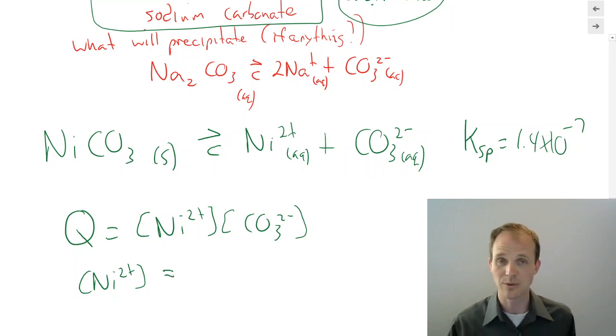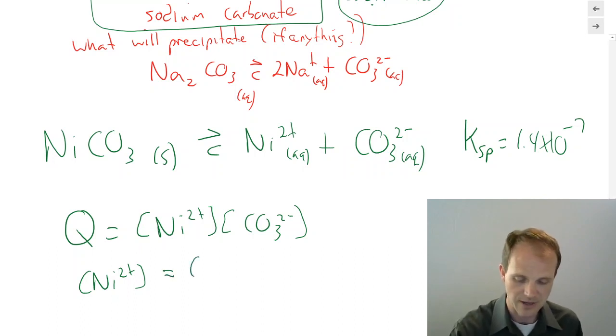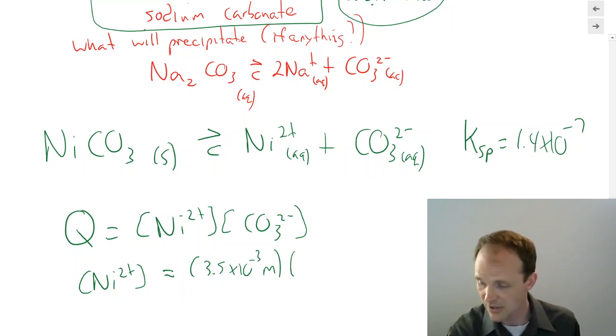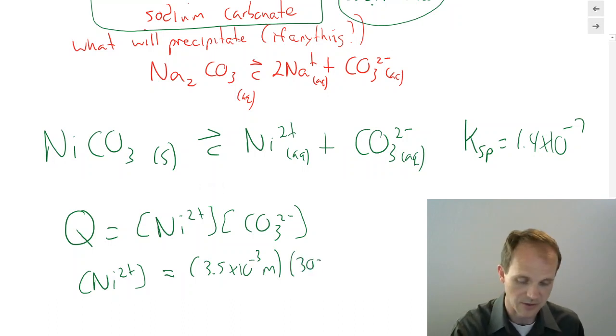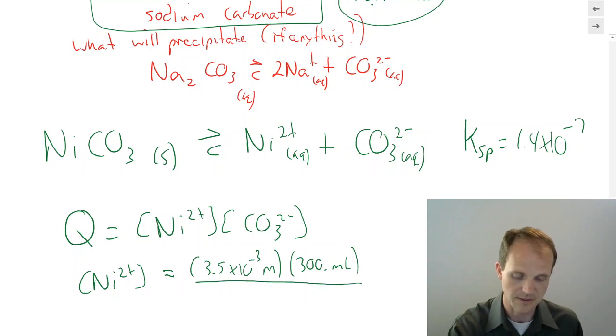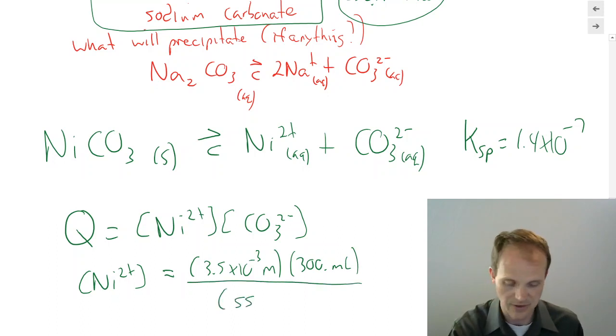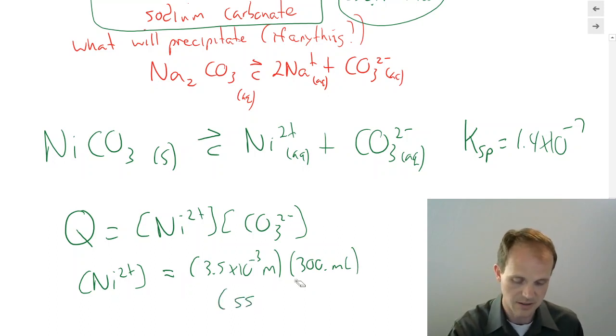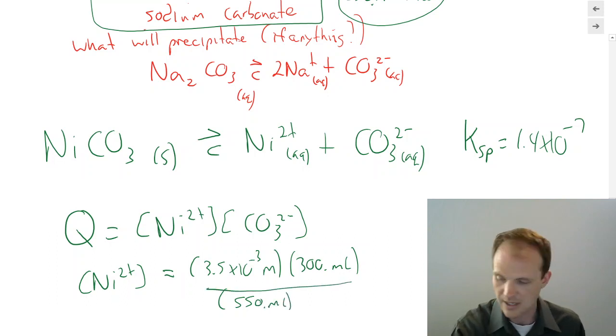So we're going to do M1V1 equals M2V2. And so I've got my 3.5 times 10 to the minus 3rd molar times my initial volume of 300 milliliters, and then I'm going to divide by my final volume of 550 milliliters. And if I do that, I get 1.9 times 10 to the minus 3rd molar.